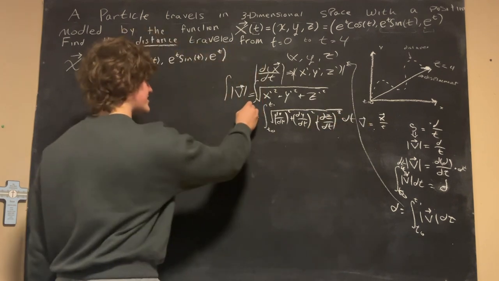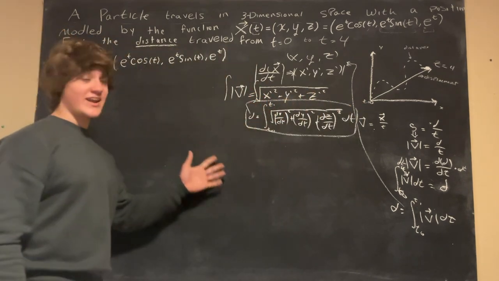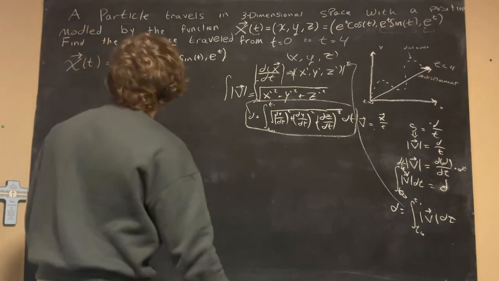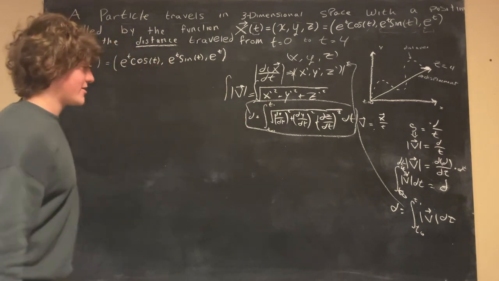So this is our equation for our distance traveled, much harder than x of 4 minus x of 0, am I right? So now let's apply this formula to this problem right here.